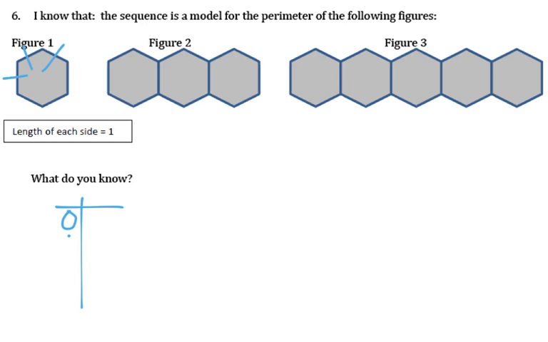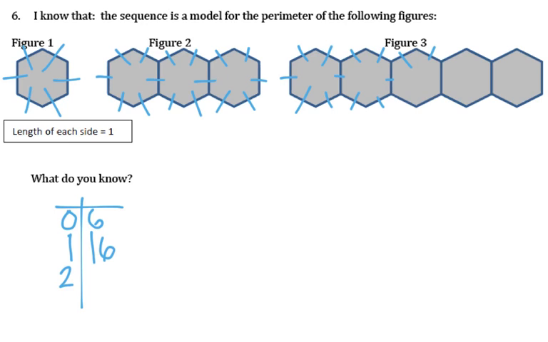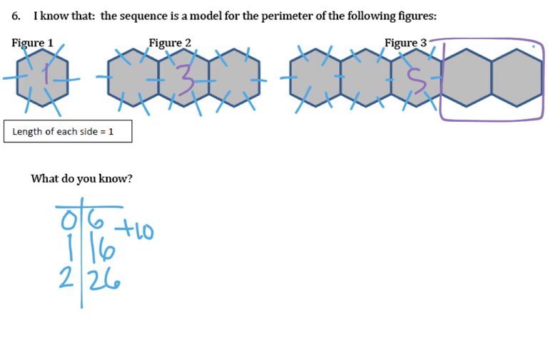So it would be 6, 16, 26. So pretty easy to see we're adding 10, right? Why are we adding 10? Well, think about it. We went from 1 to 3 to 5, so we're adding 2 of these.